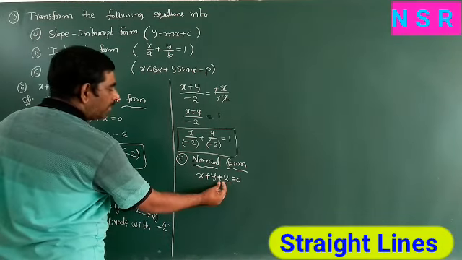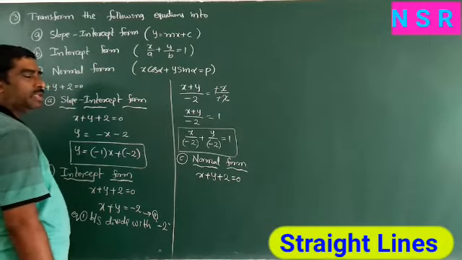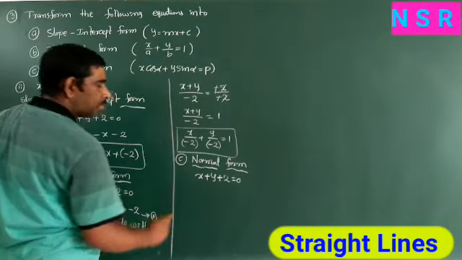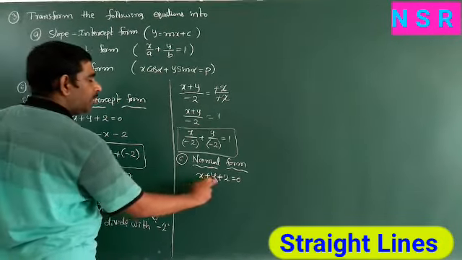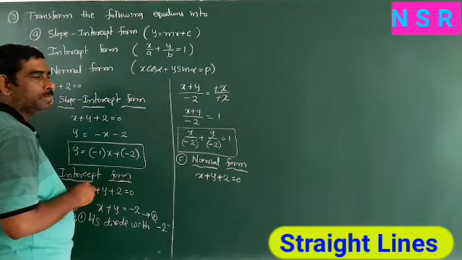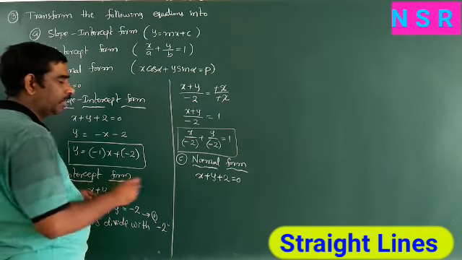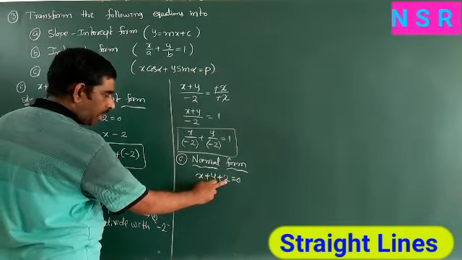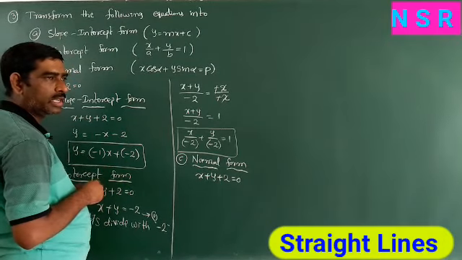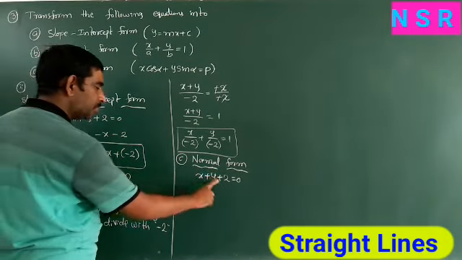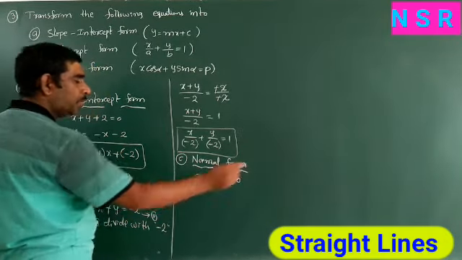If the constant value is positive, x and y move outside the equal sign. Listen carefully. If the constant value is positive, x and y move outside the equal sign. If the constant value is negative, move the constant outside the equal sign.